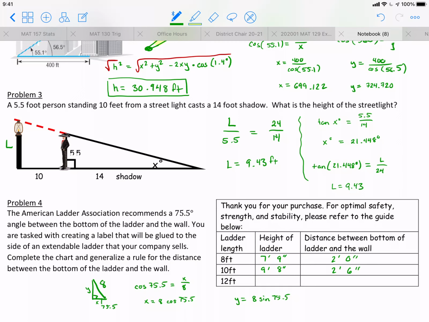And then 3 feet. And then 11.618. So 11 feet, and then 0.618. If I take 0.618 times 12, I get 7 inches.